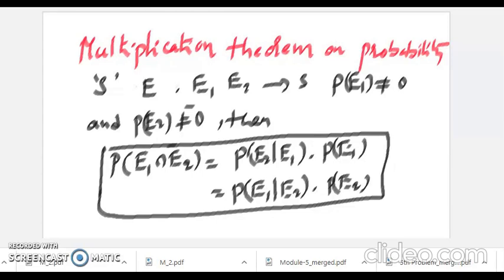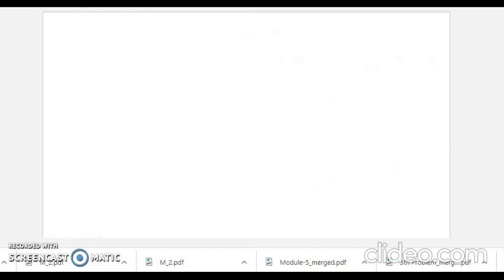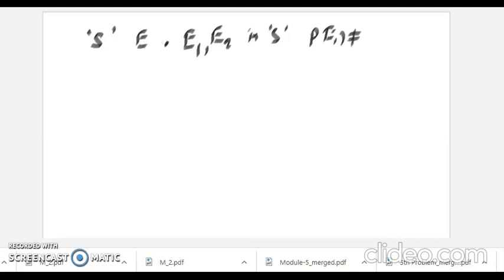So from that, look at the proof here. Let S be the sample space associated with the random experiment E, and E1 and E2 be two events in the sample space S, and P of E1 not equal to 0, P of E2 not equal to 0.